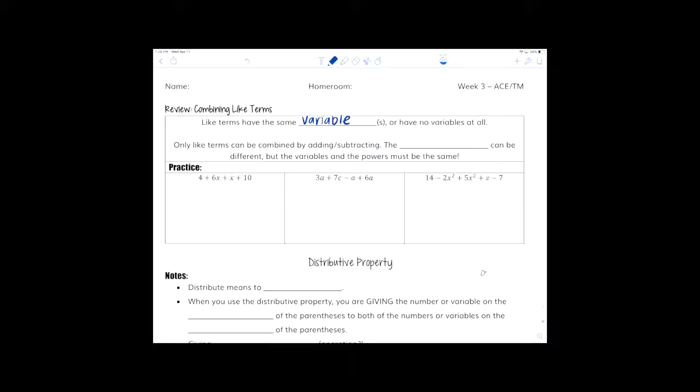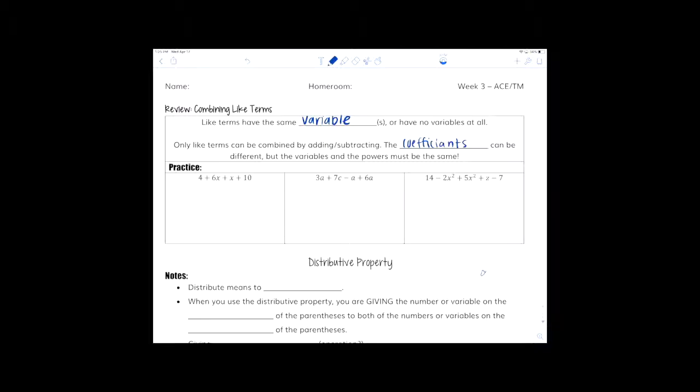Only like terms can be combined by adding and or subtracting, okay? So our blank can be different. You said it earlier, the numbers in front of the variables. So our coefficients can be different. But the variables and the powers must be the same.